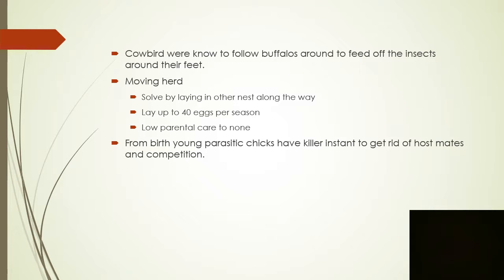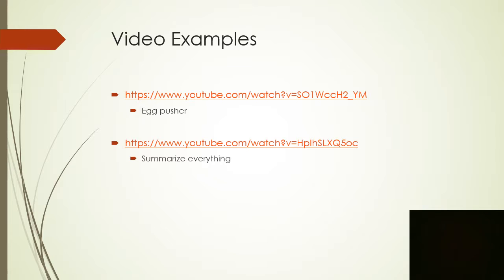In the next slide, there is a link to a video that shows a baby chick pushing the host's egg out of the nest. It has also developed an arch right between the shoulder blades so that it can hold and hoist the egg over the nest. In the video, you will see that the nest is built up high above the water.